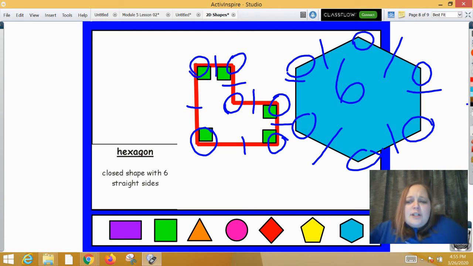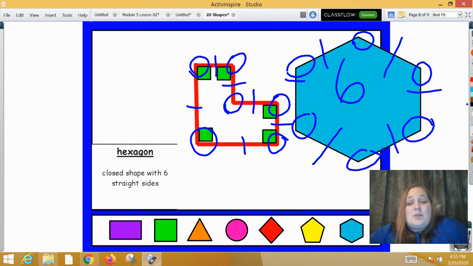Well, these shapes look different. Why? It doesn't matter what they look like. You always count the number of sides and the number of corners. That's how you name shapes. You don't name them just by what they look like. You have to pay attention to the rules for the shape. And the rules for a hexagon is 6 straight sides and 6 angles or 6 corners.